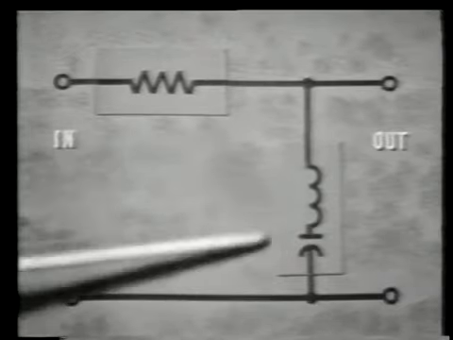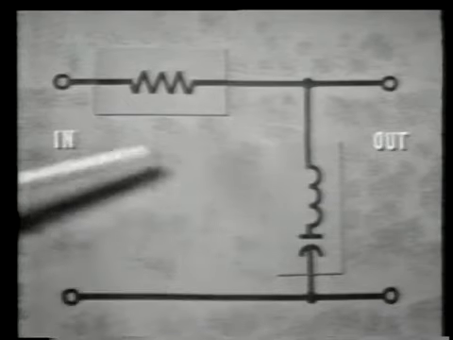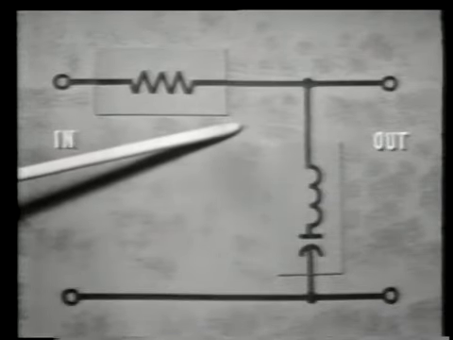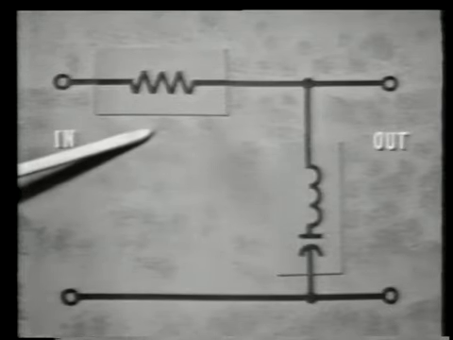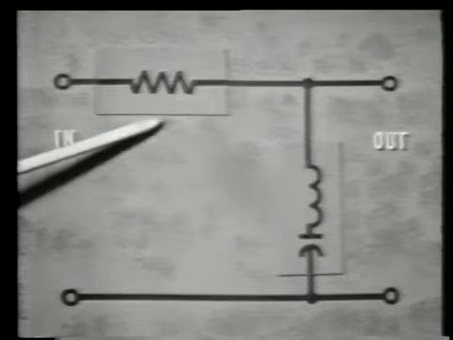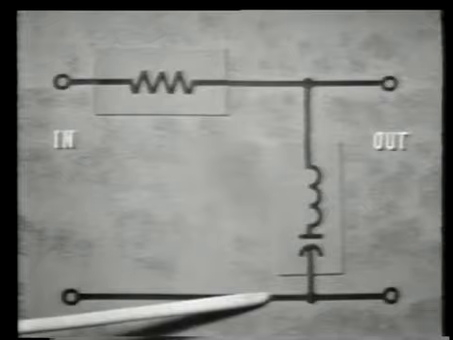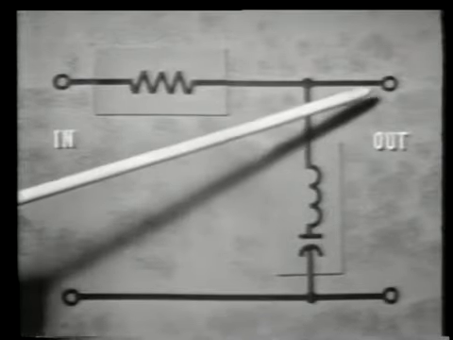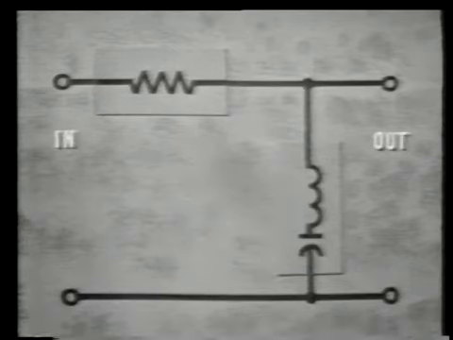Now, if we have minimum opposition, then we'll have maximum current flow, and this same current must flow through the series component. Thus, the series component, the resistor, will develop a maximum voltage drop. Now, with maximum voltage dropped here, then we must have minimum voltage dropped across the tank. This means, of course, that the output voltage is also minimum because they're in parallel. We're still dividing the voltage.